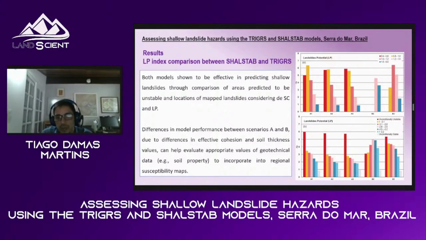Of course, nobody has all the values for every square meter in the terrain. So we are evaluating different papers and trying to understand where the values are, and how similar they are, in order to create these scenarios.